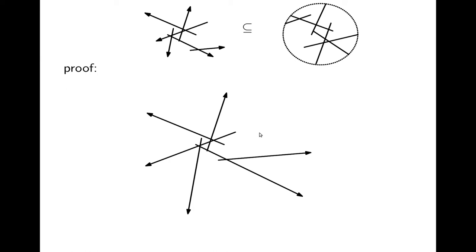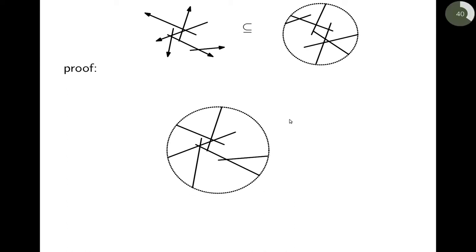Then I can find a really large circle such that all intersections are inside that circle. And then I just cut off the infinite part of those rays and keep those segments, so I have all intersections kept. And I have an outer segment representation of the same graph. So that's pretty easy as well.